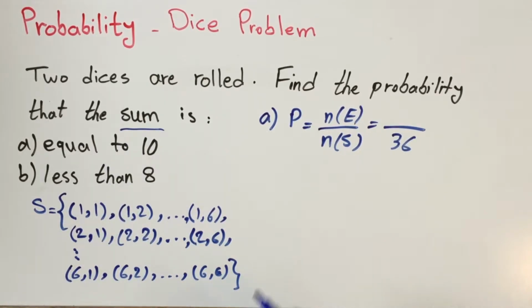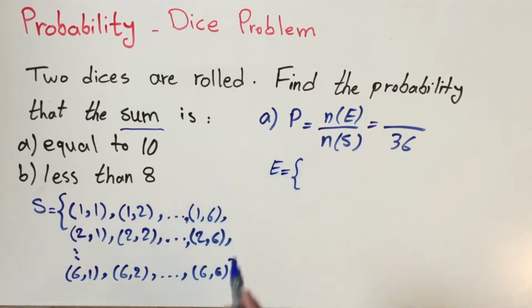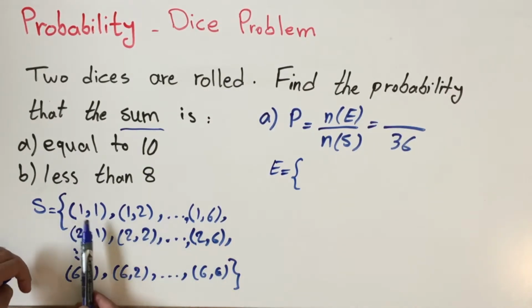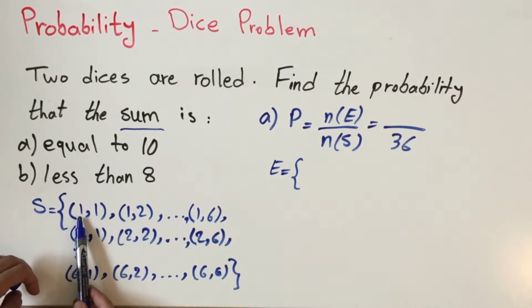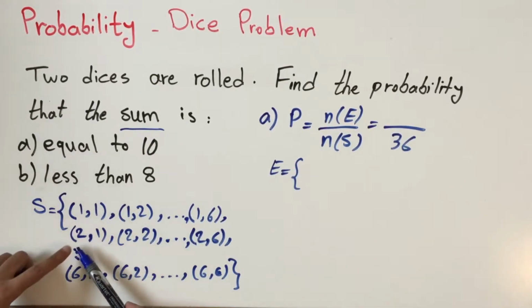That's not that difficult. I can write it here. So E is going to be, what numbers here will add to 10? Do we have any item starting with 1? No, because if you choose 1, then the other number is going to be 9, which is not here. We don't have 9 in any die, right? How about 2?